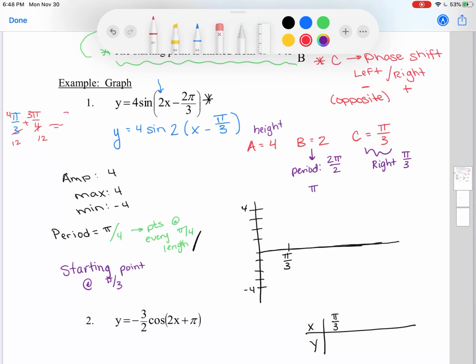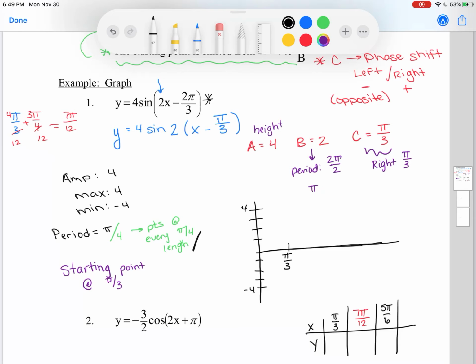So my next value will put me at 7 pi over 12. There's no negative there. Okay, so that's the next value, 7 pi over 12. These are going to get kind of funky here, but as we work through them and as you see the patterns, just like last class, you'll see kind of how it works. The next one, if you continue that to figure out all 4 of your values here, the next one will be 5 pi over 6.